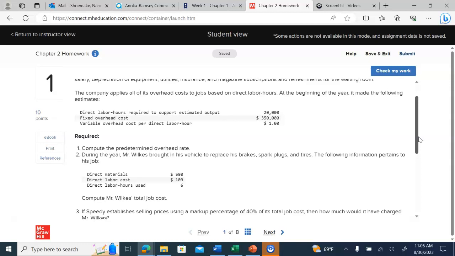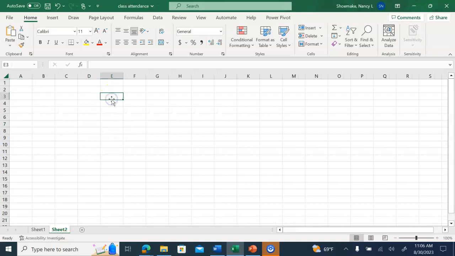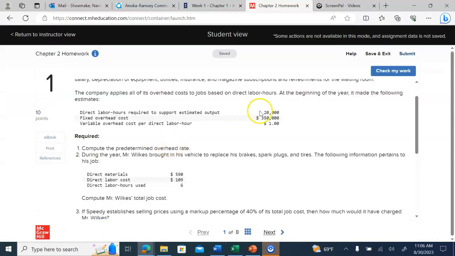What we have to do is determine the predetermined overhead rate. So couldn't we determine it by taking the $350,000 plus the 20,000 estimated labor hours times $1, that would be $20,000.